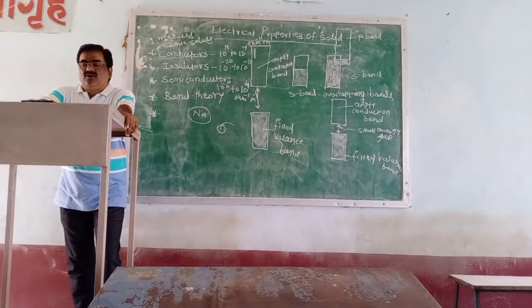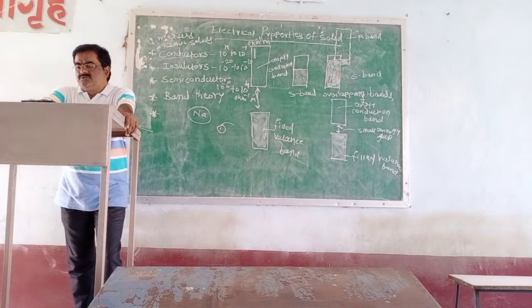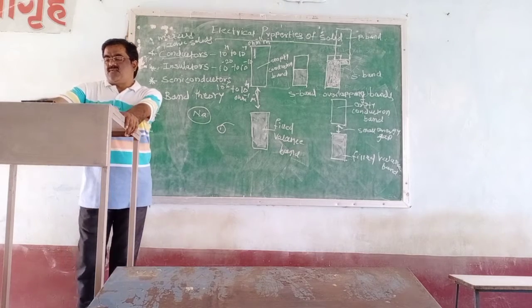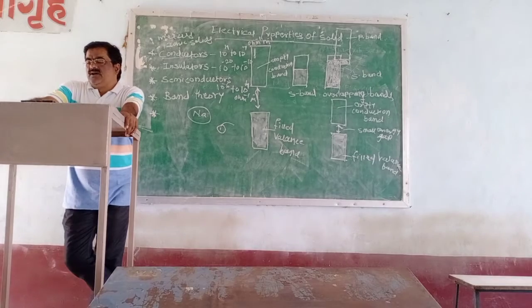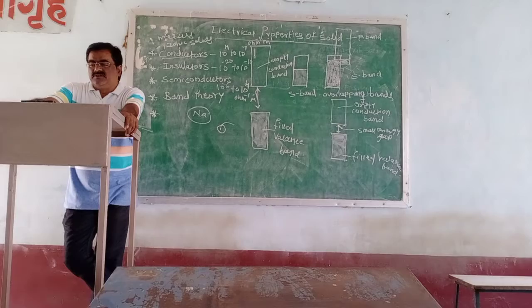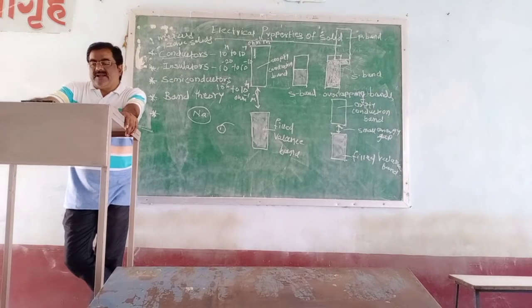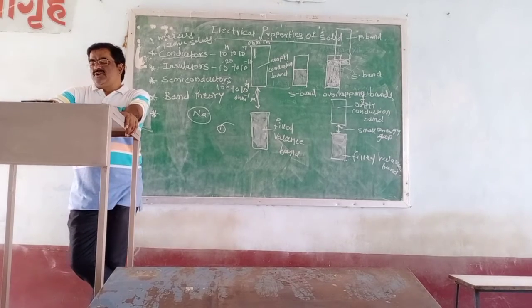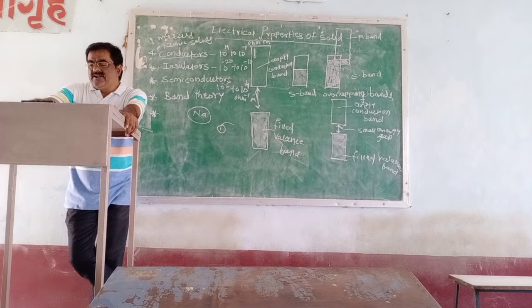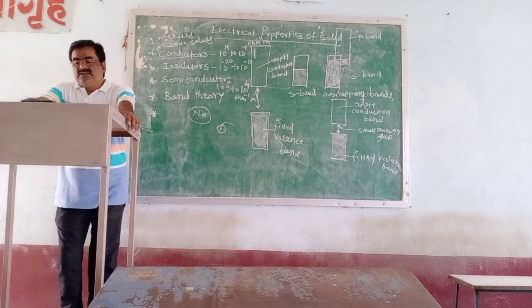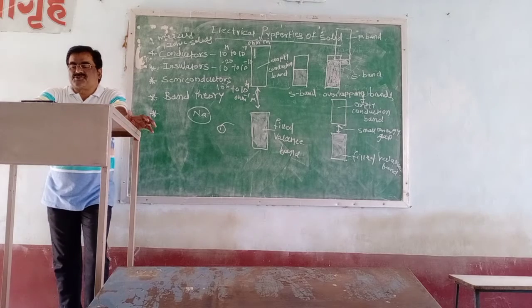According to molecular orbital theory, interaction of atomic orbitals of combining atoms results in the formation of an equal number of molecular orbitals, which spread over the entire molecule, and similar to this, interaction of energy levels of electrons in the closely packed constituent atoms in solids results in the formation of the bands.